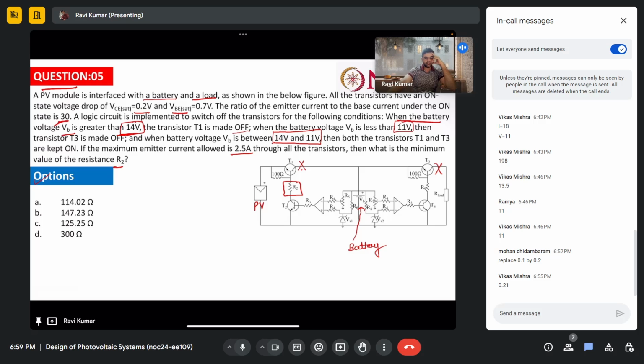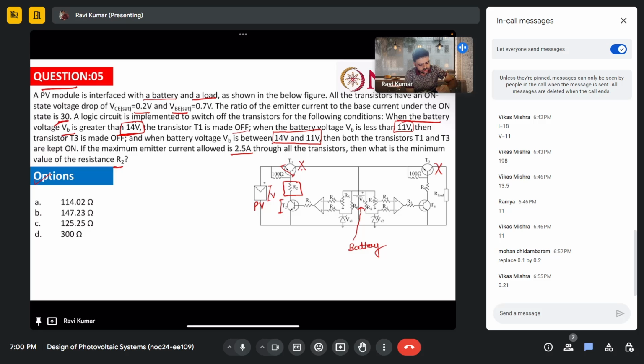First write the expression of this R2. Okay, no one is writing, I'll write it. See, this is the source of the PV voltage. The voltage will be here across this, and here across this.